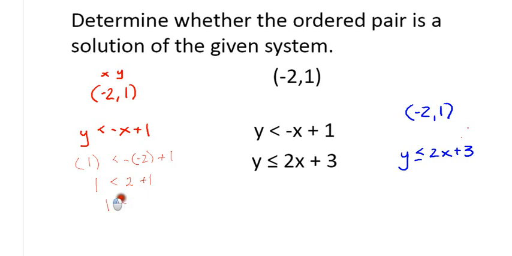Is 1 less than 3? It is. 1 is less than 3, so that one's true. I'm going to put a check there. And if 1 is less than 3, that means that negative 2, 1 is a solution for the first inequality. But this isn't good enough to know that it's a solution for the system. It has to actually work for both of them.